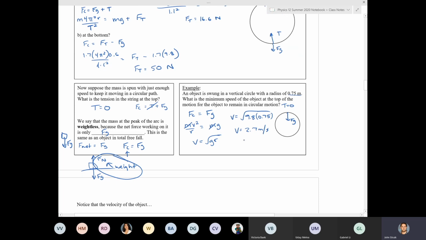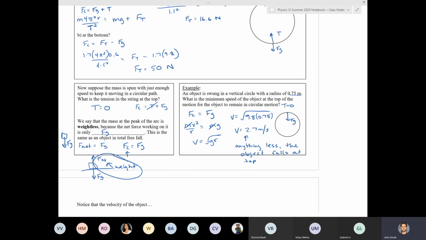Anything less than this, the object falls at the top. Okay, so if you try to swing something really slowly at the top, it's going to start to dip.